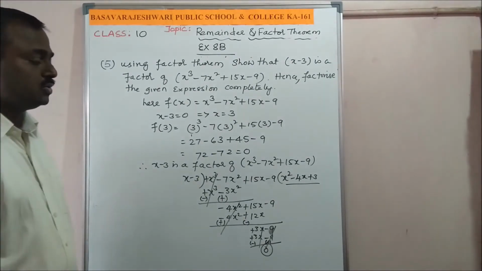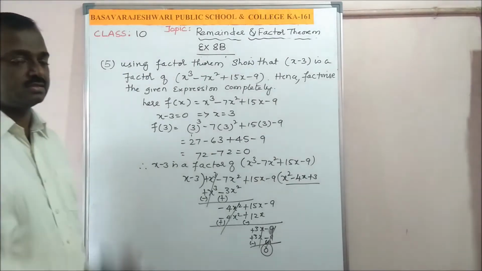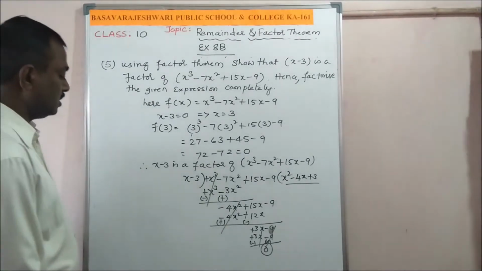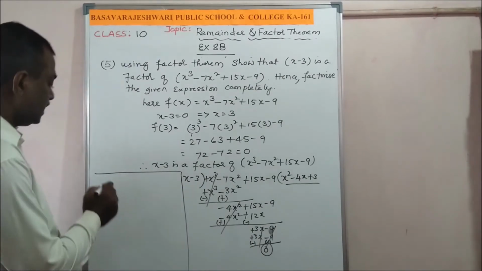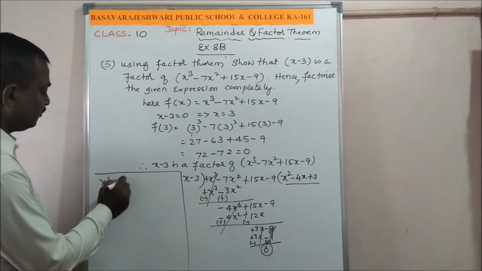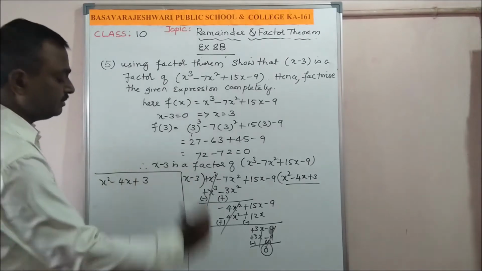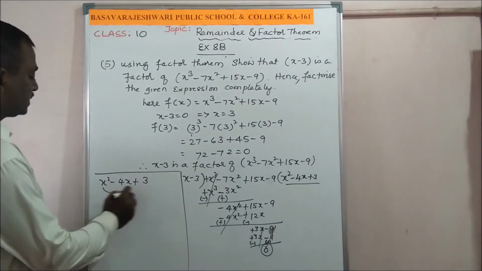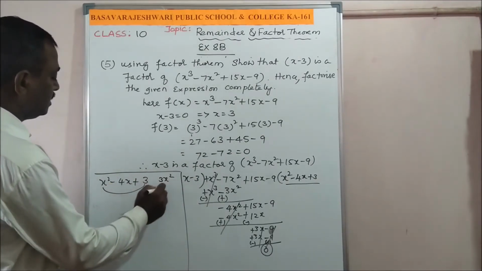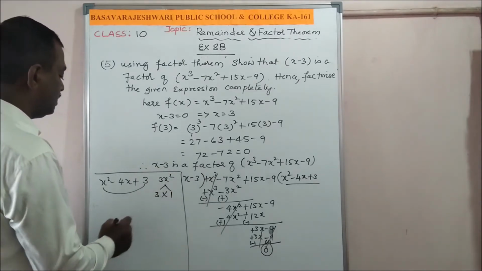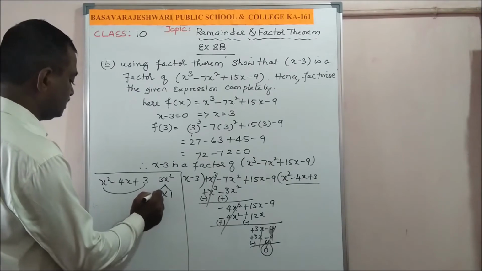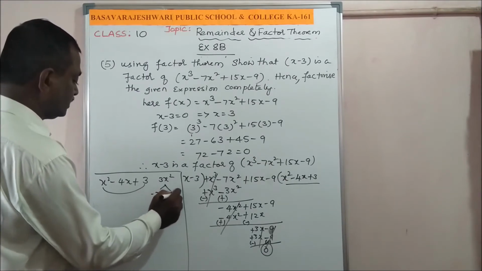So what you have to do? You have to factorize that sum. So I will factorize x square minus 4x plus 3. 3 ones are 3, minus 3x minus 1x.